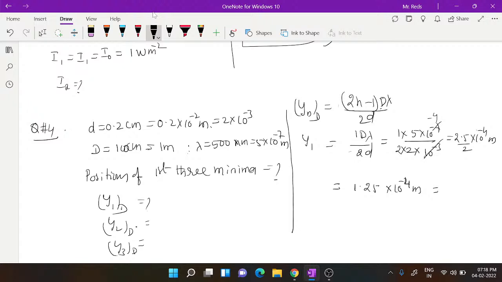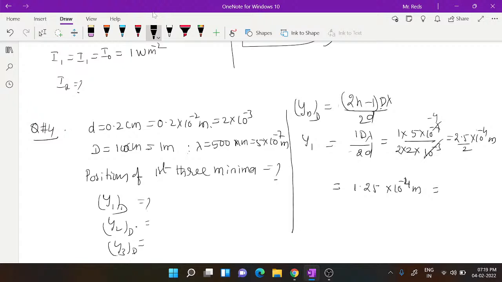Zero coming, right? This 10 power minus 7.